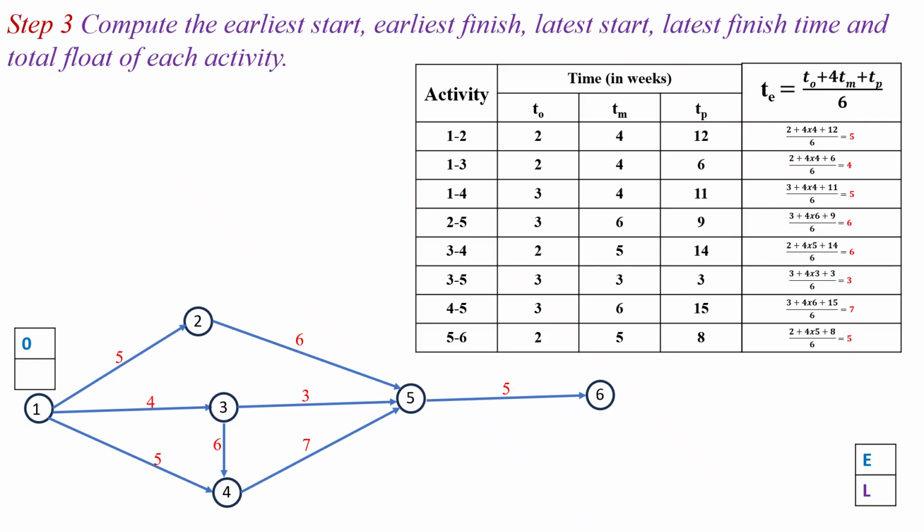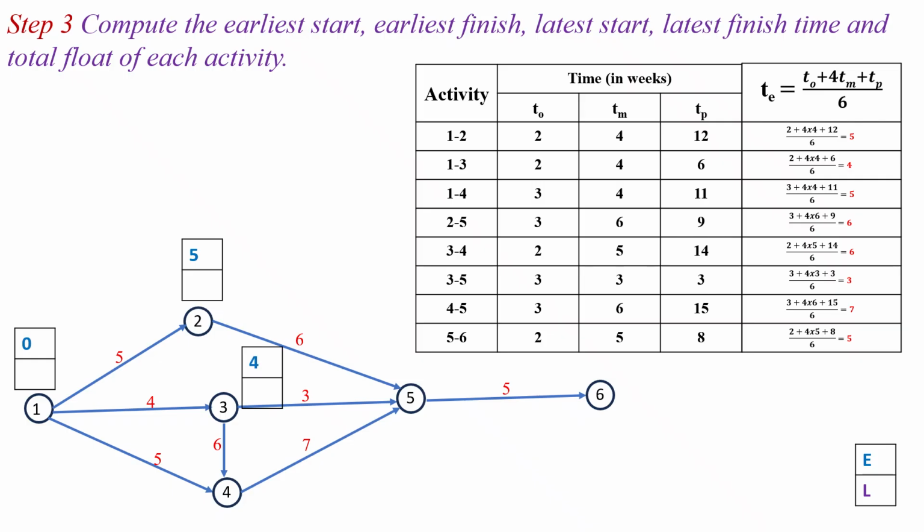Next we have to calculate the earliest start time and earliest finish time for the activity 1 to 2. For activity 1 to 2, at event 1, earliest start time is 0 and earliest finish time will become 0 plus 5, which is equal to 5 at the event 2. Next we have to look for the activity 1 to 3. Earliest start time is 0 at event 1 and earliest finish time is 0 plus 4, which is equal to 4 at the event 3.